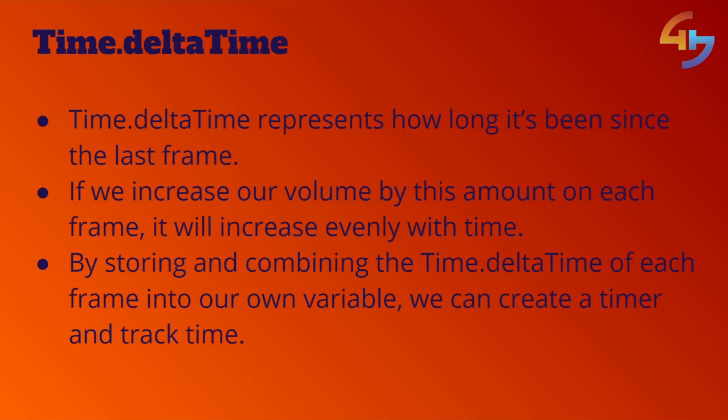We can then use this to see how long we've been increasing our volume for, and stop once a second has passed. Okay, great. So now we have a better plan to increase the volume of our music by the length of time it takes each individual frame to render and process per frame. Now let's take a look at how to write that out in C#.